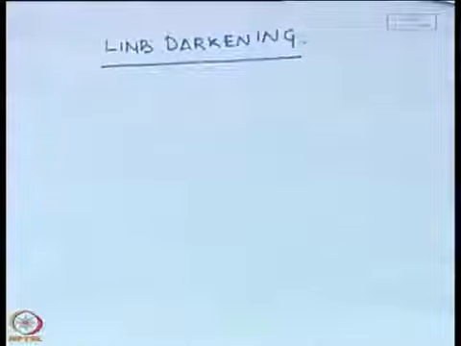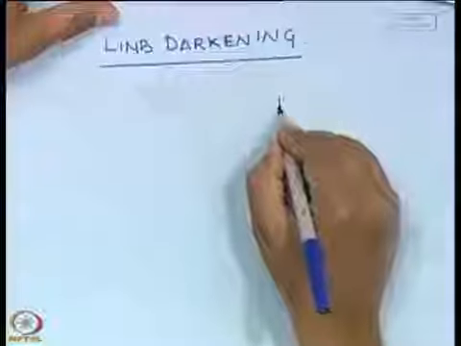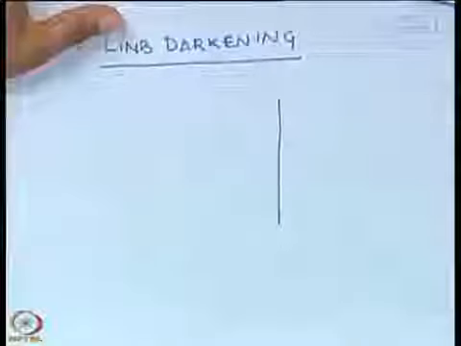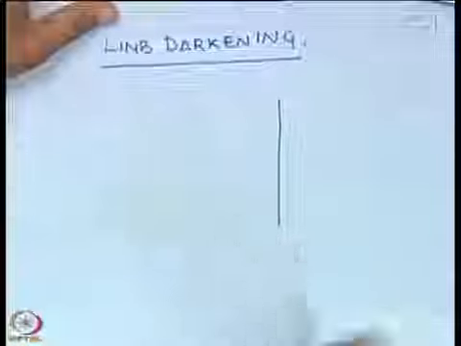So, the sun is spherical. We shall not go into this spherical geometry, we shall make a very simple model. Our simple model is that we are looking at some plane parallel kind of a thing. So, we shall assume it to be plane.